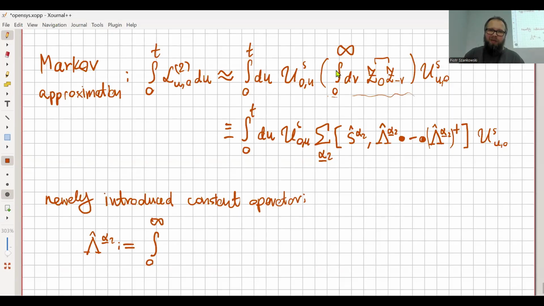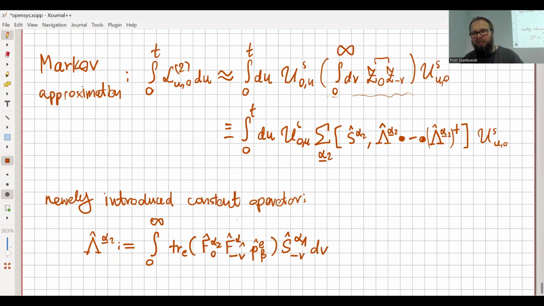So this is what happened with this integral we stretched. And what it integrates, well, we will have here a correlation function of the environment, F alpha 2 at 0, F alpha 1 at minus v, trace with rho_E beta. And here we'll have the interaction operator S alpha 1 at minus v, and we integrate over v.